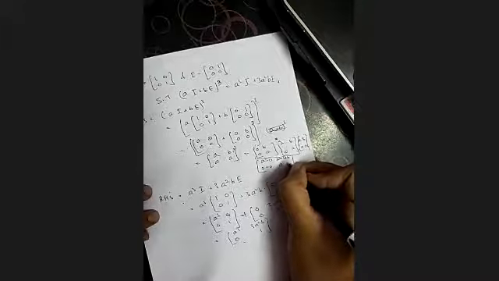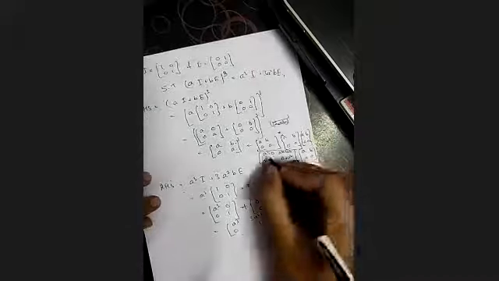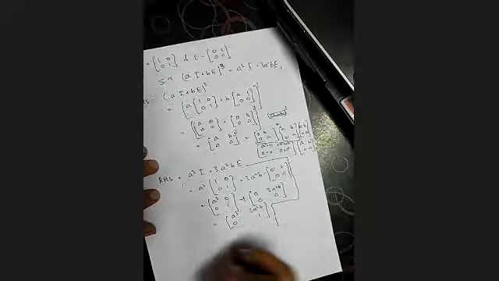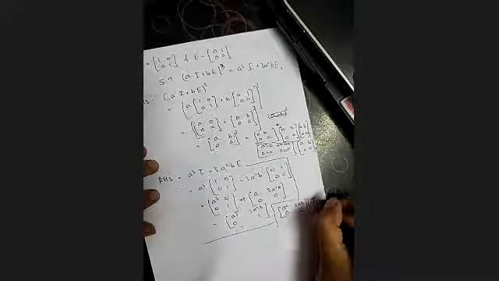A into A will be A square. So I'm going to write over here: A square, 2AB, 0, A square into AB, 0, A.